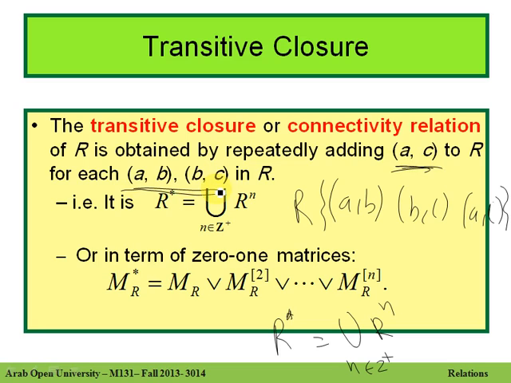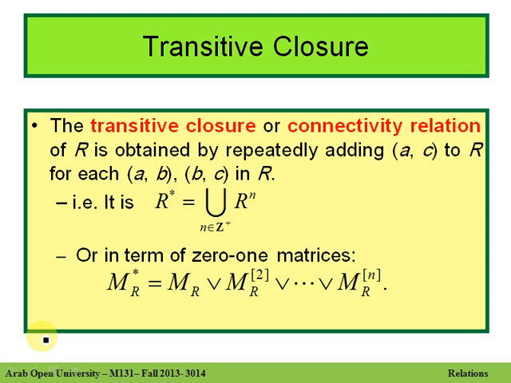Clear? Now the rule is that it is something like the union of R to the power n, where n belongs to the positive integers. N is the number of elements in the set.